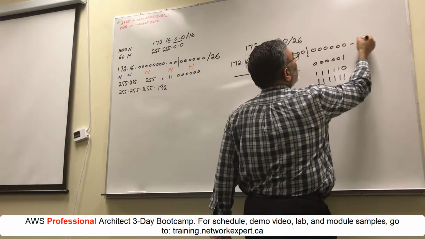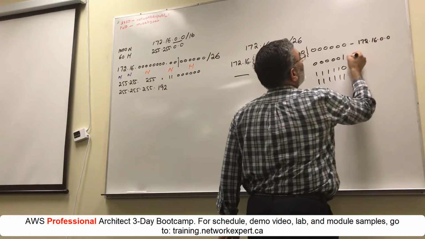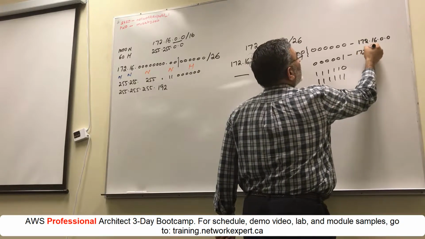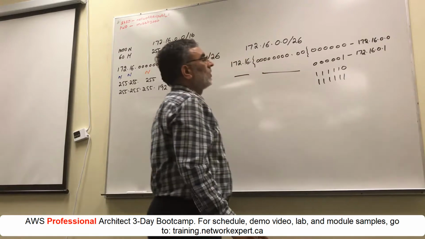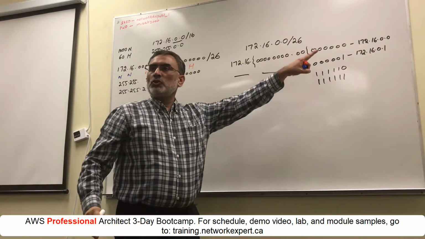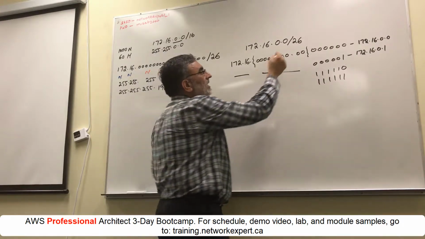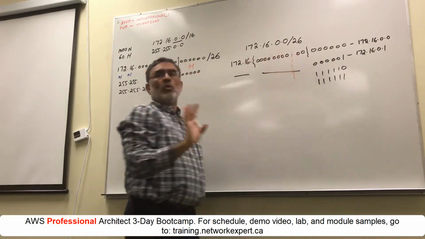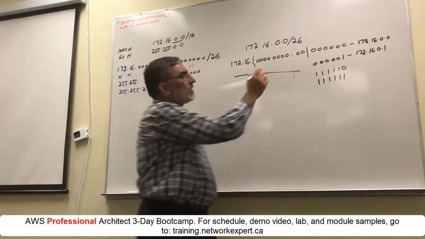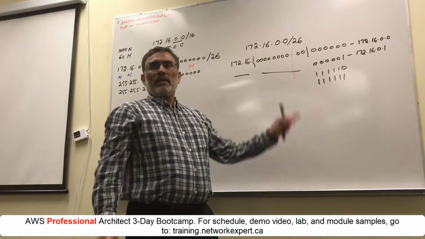Now if I change this into decimal, my subnet address is 172.16.0.0. My first valid IP address is 172.16.0.1. When we change this into decimal, we bracket the bits into 8, 8, 8, 8.